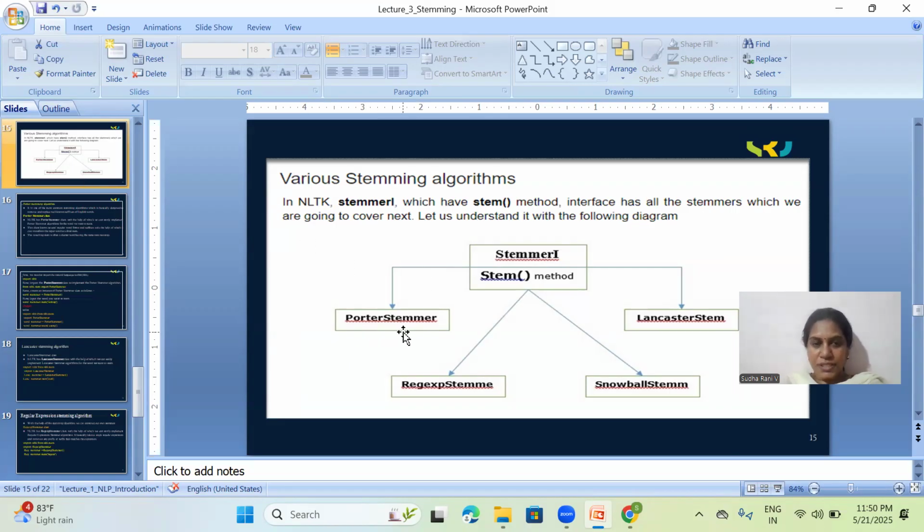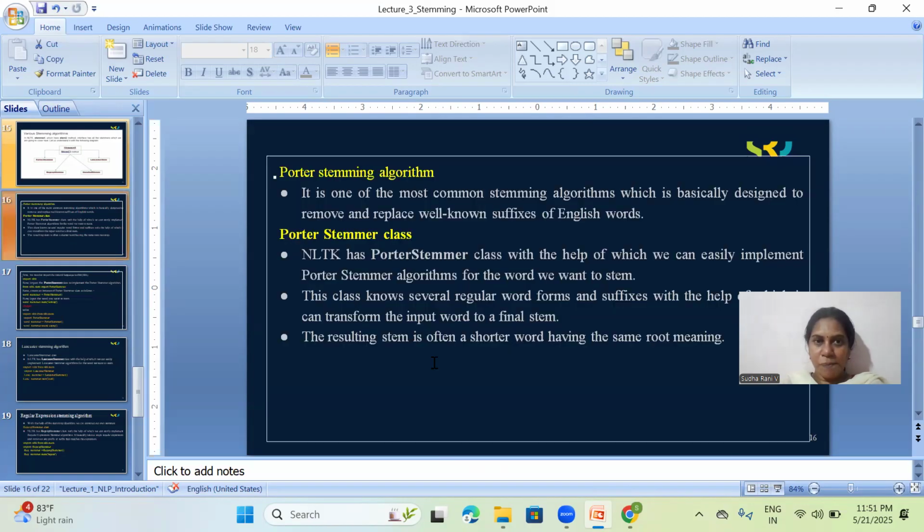Porter stemmer, as we discussed now, Lancaster stemmer, REGEXP, regular expression stemmer, snowball stemmer. These are a few of the different types of stemming algorithms used in NLP or information retrieval systems. So as we discussed just now, we completed the Porter stemmer.